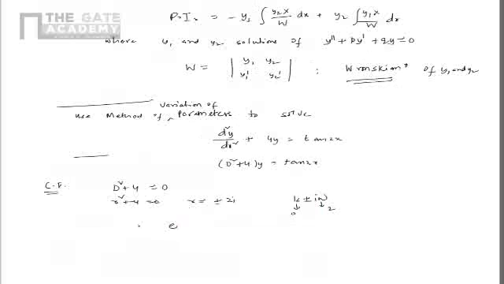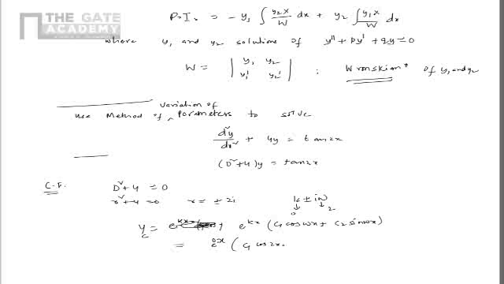The complementary function is e power kx times c1 cos omega x plus c2 sin omega x, which is the complementary function when the roots are complex. So e power 0x into c1 cos 2x plus c2 sin 2x. Since e power 0 is 1, you get c1 cos 2x plus c2 sin 2x. This is your complementary function.